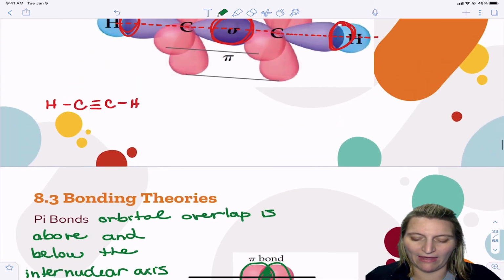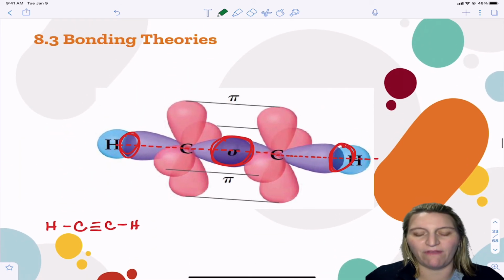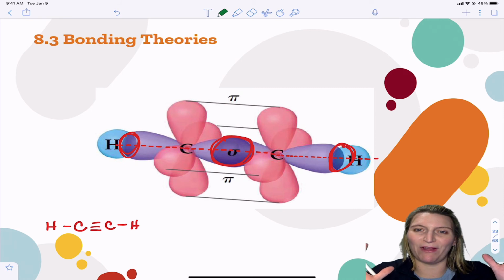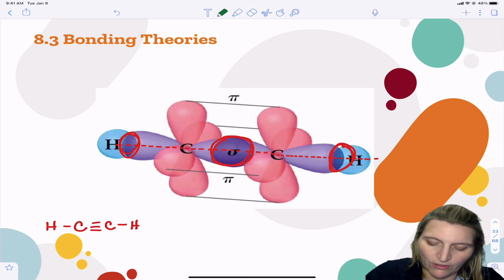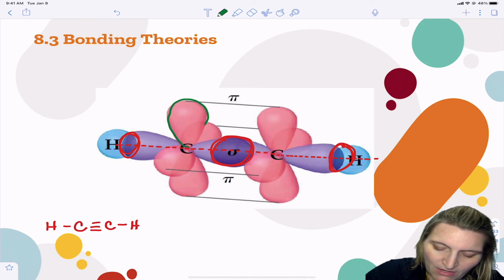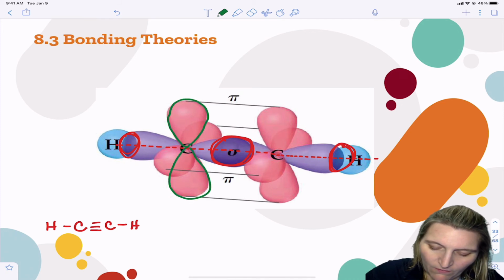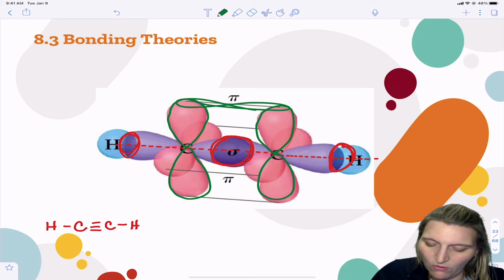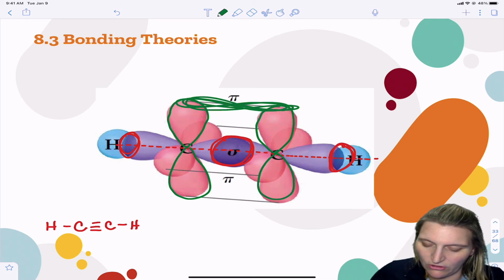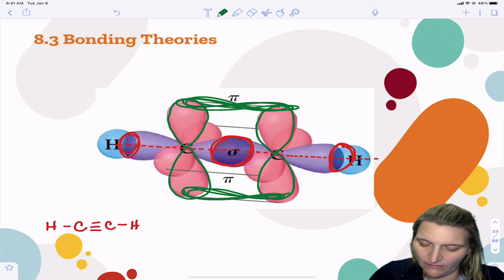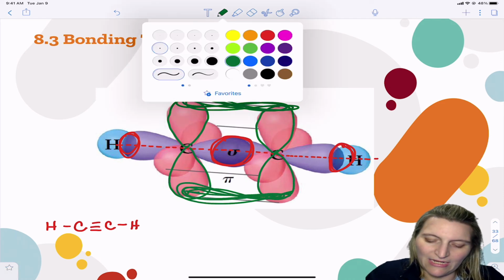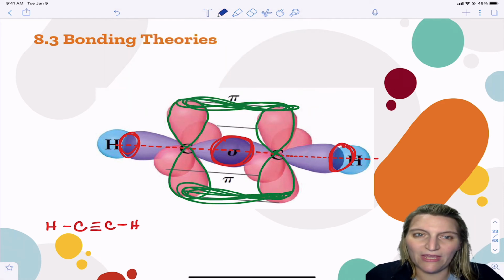I'm going to go back to our picture here of ethine. So these p orbitals are spread pretty far apart, and it's just for the simplicity of the picture. But if you look up here, here's one p orbital, and here's the other p orbital, and the orbital overlap would occur on the top and the bottom. There's another p orbital in here.